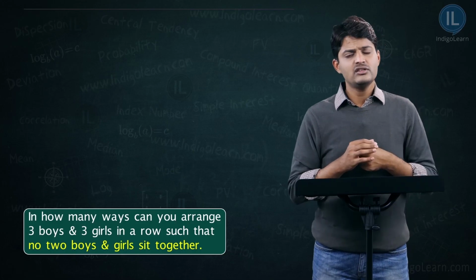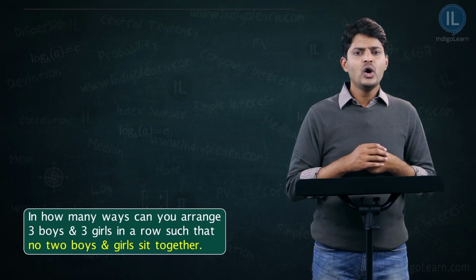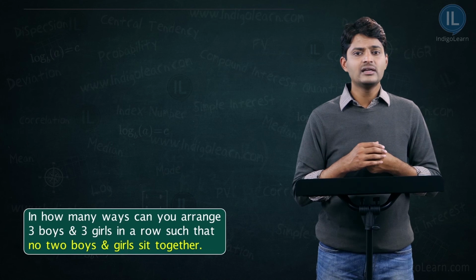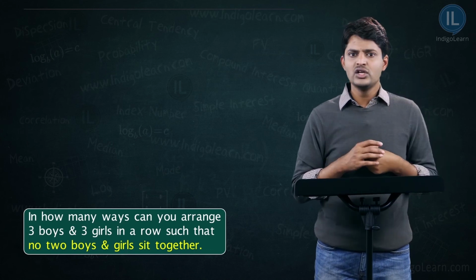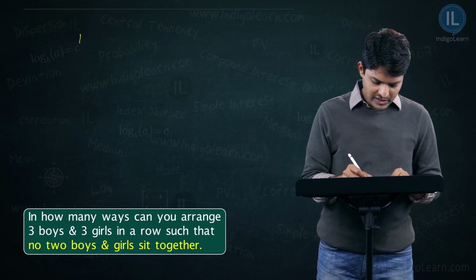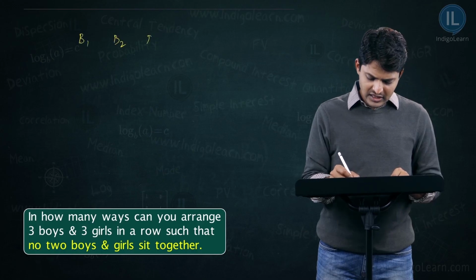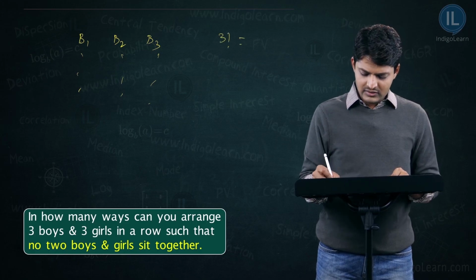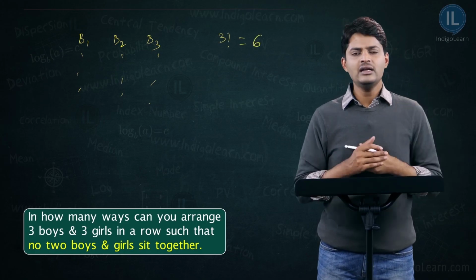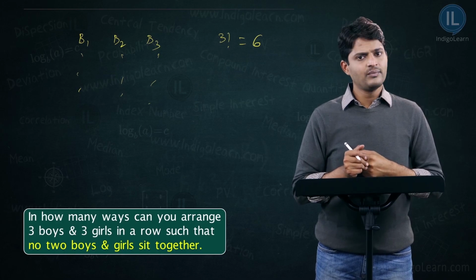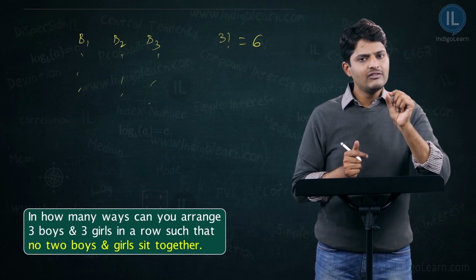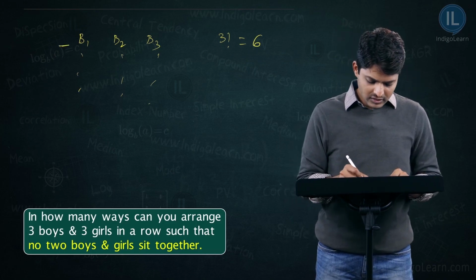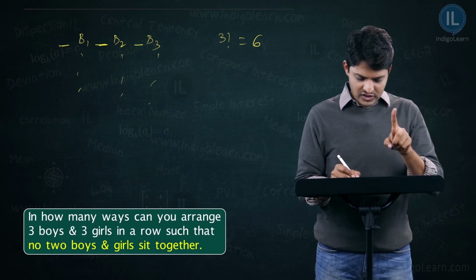Now my first question is, should I start by arranging boys or girls? What is your approach in this case? You first arrange the boys, B1, B2, B3 and all the different combinations we have written before. So effectively it is 3 factorial, which is 6. Now if you want to arrange girls, you cannot leave a place between the boys empty.